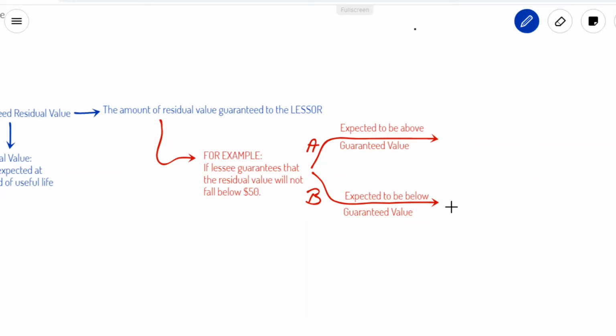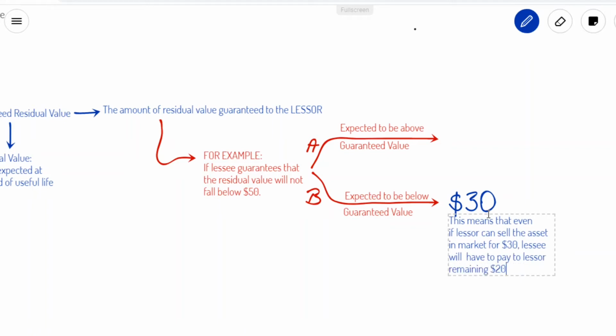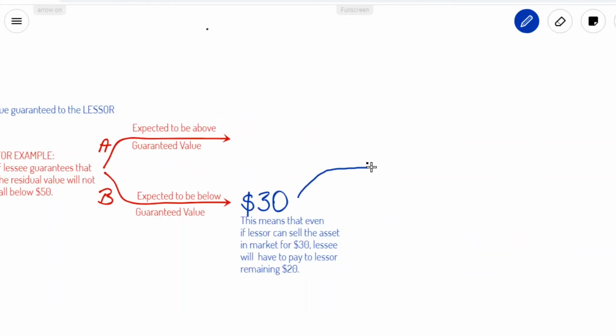So now imagine if at the end of the useful life the value of that asset falls to $30, which means that the lessor will be able to sell that asset in the market for $30, and lessee will have to make a payment of $20 extra, right?